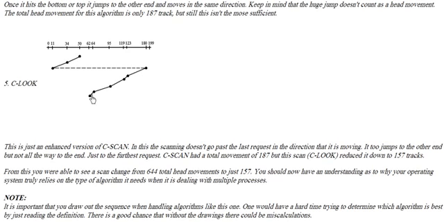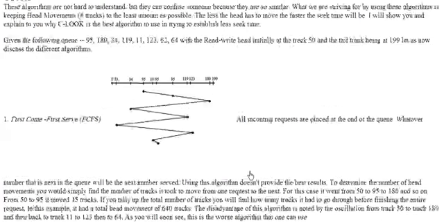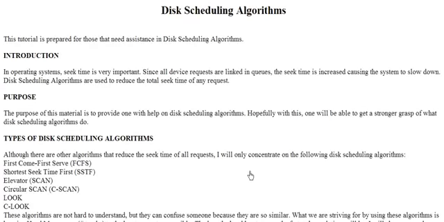We got 2 plus 31, we got 33, and from 95 to 119 you got about 24, and here we got 4, so 28. You just sum up all the stuff here, you got 157. This is how you calculate the total number of tracks in the movement for the head. So this is pretty much the disk scheduling algorithms.